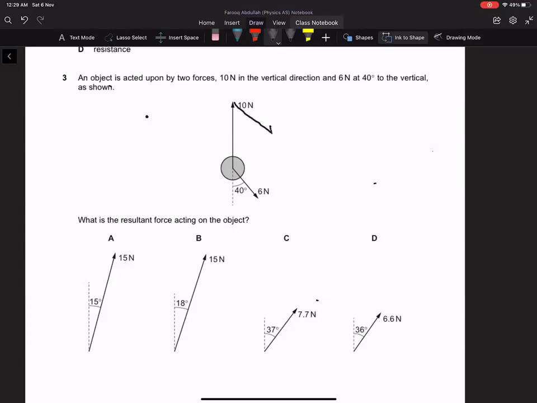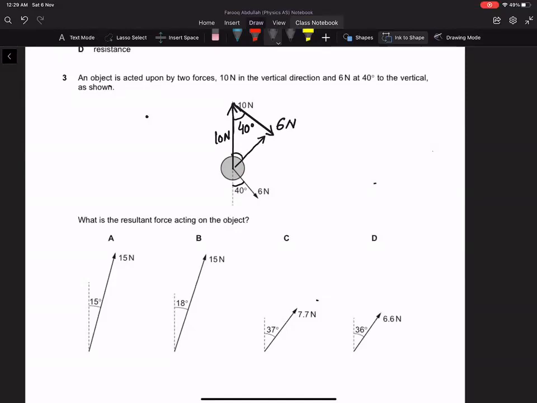For example, if this is 6 Newtons, and this angle is 40, then this angle will also be 40, and this vector is 10 Newtons, and the resultant would be here.